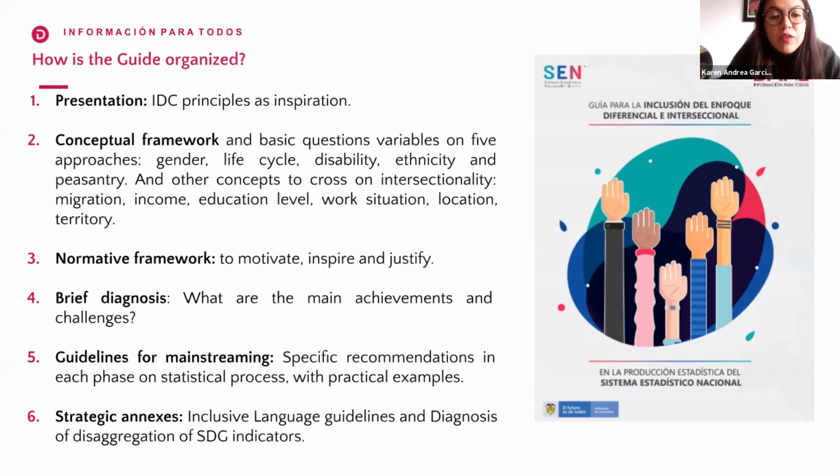And we also include other concepts that help to understand how intersectionality affects the quality of life of people, and create particular situations of life and discrimination. For example, migration, income level, education level, work situation, location, territory, and in the case of Colombia, also being a victim of the internal conflict.